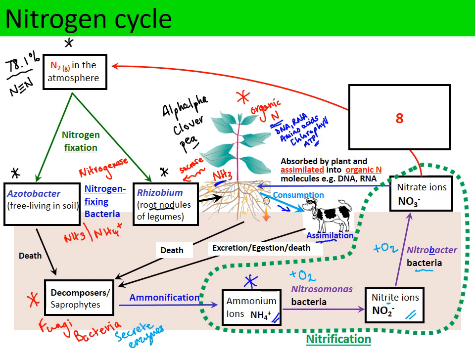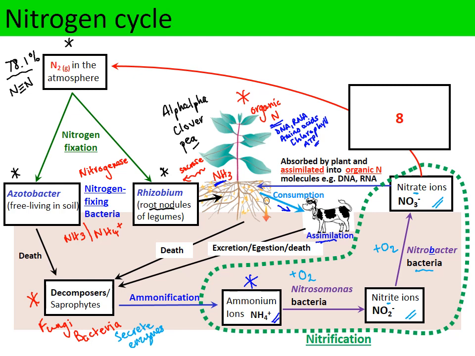Now these nitrate ions, so here nitrate ions, are NO3-, and we know the root hair cells of virtually all plants can absorb nitrate ions either by facilitated diffusion or normally by active transport into the root hair cell.